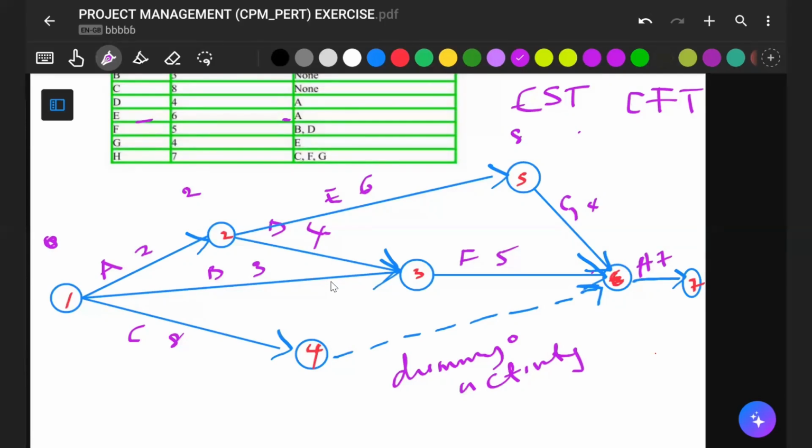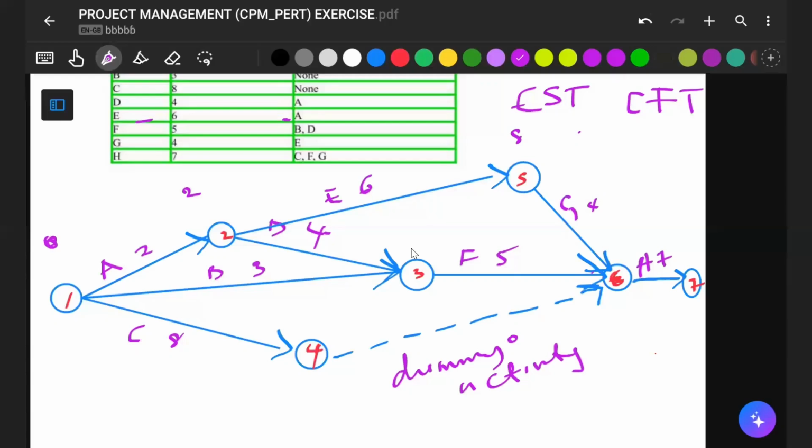Which of them are we going to pick? If you say 2 plus 4, it will definitely give you 6 here. If you say 0 plus 3, it will give you 3. So we are having two conflicting numbers.